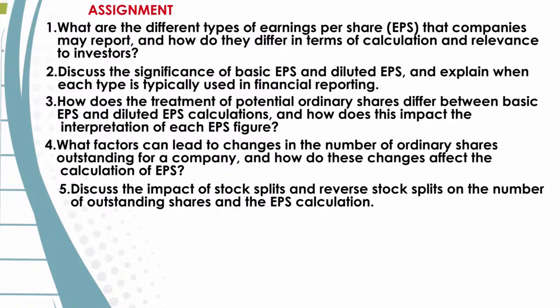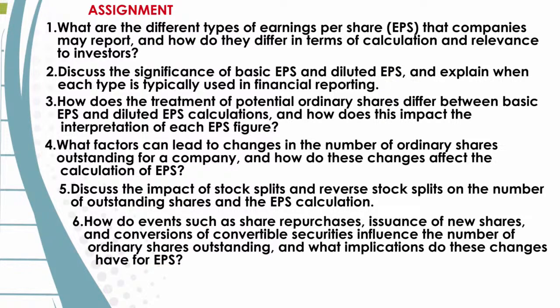The last question, how do events such as share repurchase, issuance of new shares, and conversion of convertible securities influence the number of ordinary shares outstanding, and what implication do these changes have for EPS?